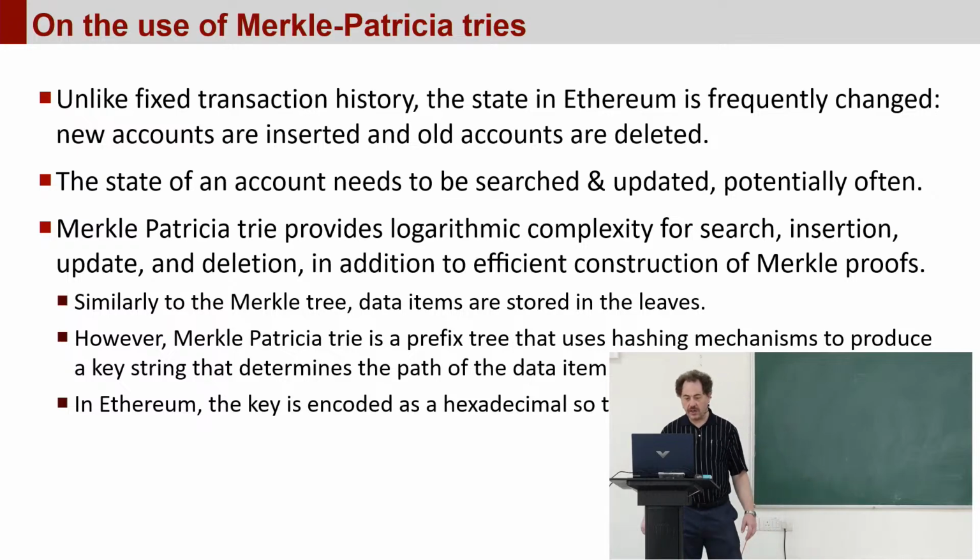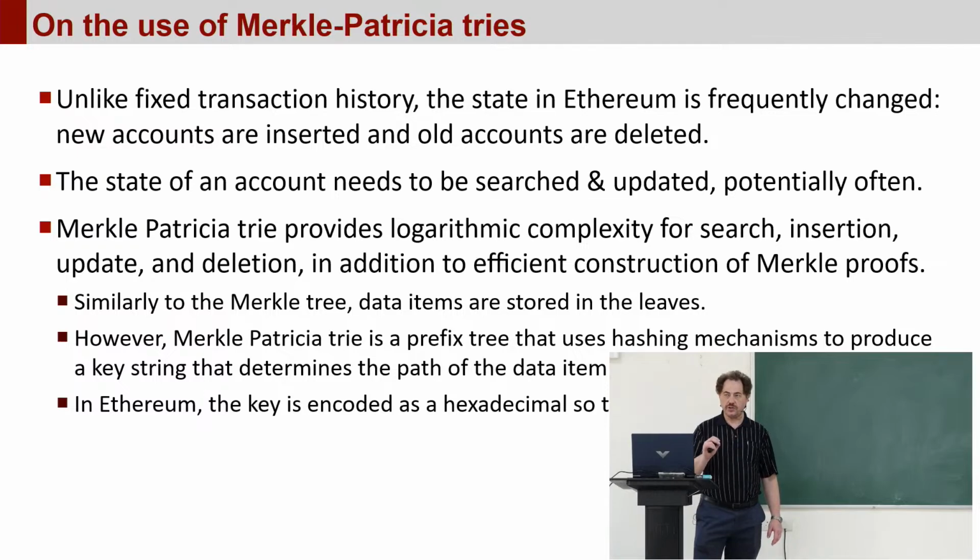And additionally, the state of an account needs to be searched. So the Merkle-Patricia tree is the structure which can support all those operations because it provides logarithmic complexity for search, for insertion of new data, for updating the data, and for deleting the data. In addition to efficiently constructing a Merkle proof.